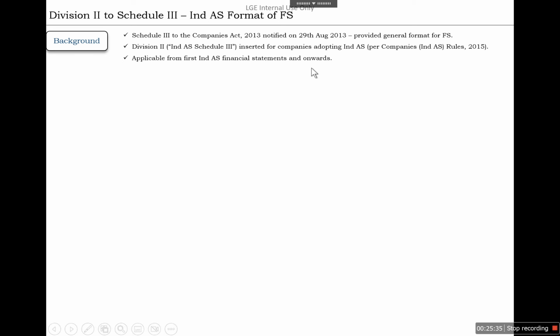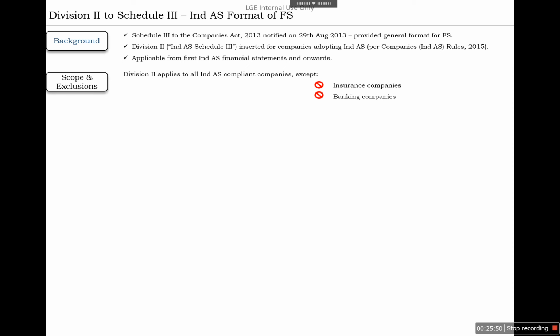It is applicable from the first Ind AS financial statements and thereafter. As for scope and exclusions, Division 2 applies to all Ind AS compliant companies except insurance companies, banking companies, and NBFCs. For NBFCs, although Ind AS is applicable according to the threshold limit, a separate format is prescribed under Division 3 of Schedule 3.